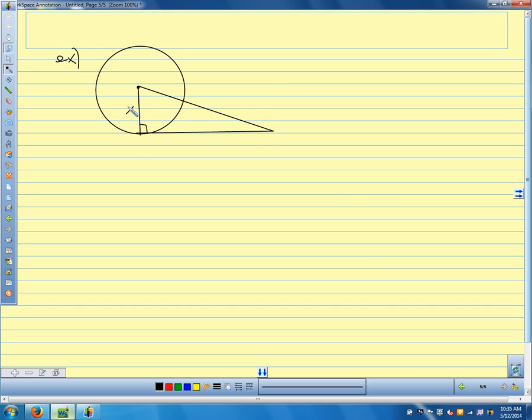We're going to say this is x, this is 24, and this piece here is 18. We want to find x.